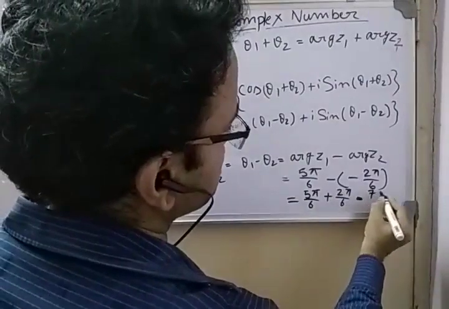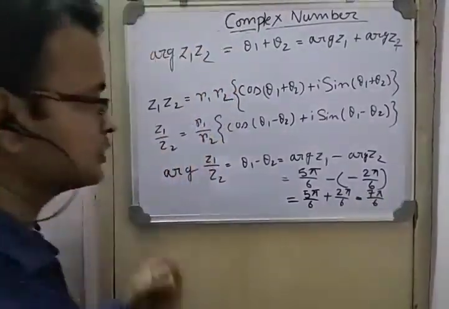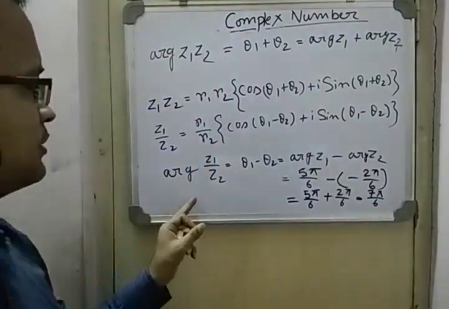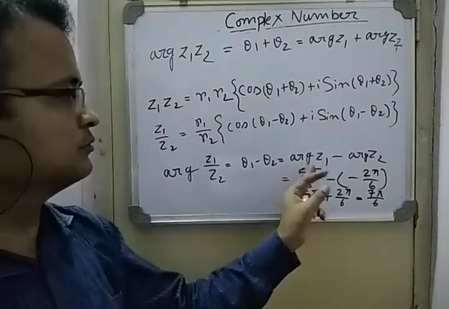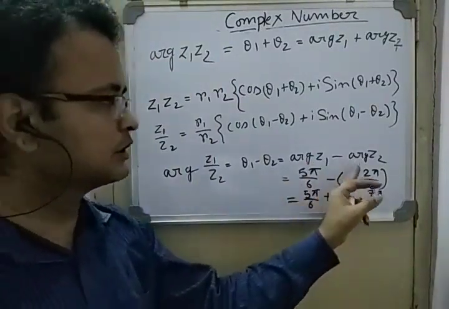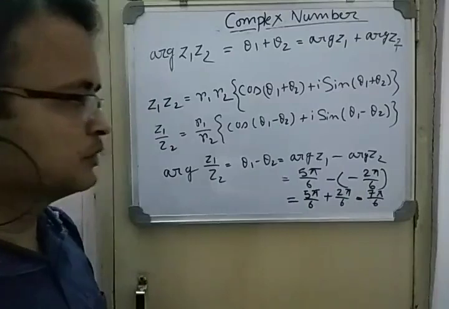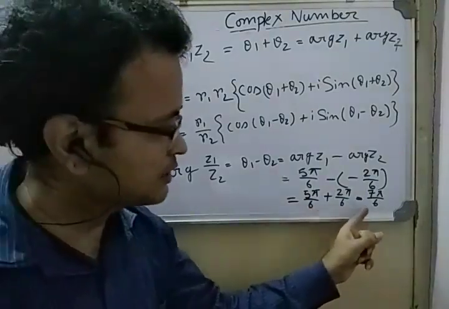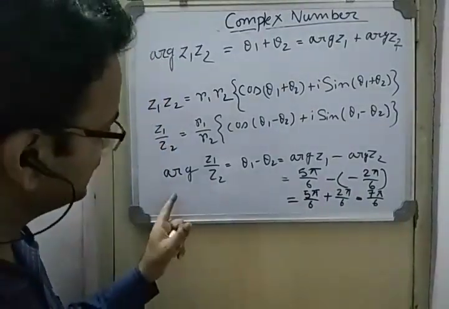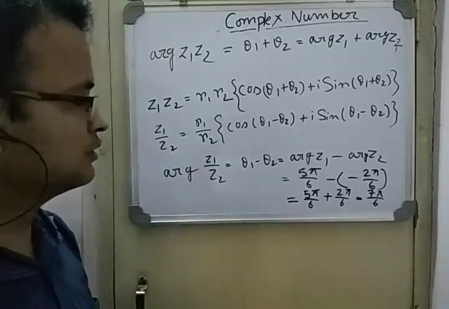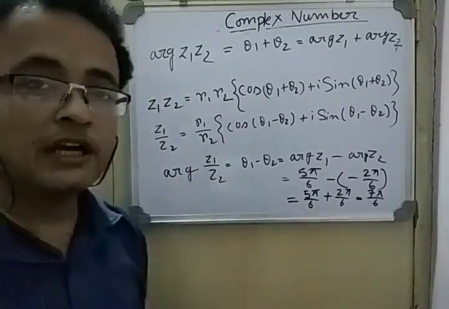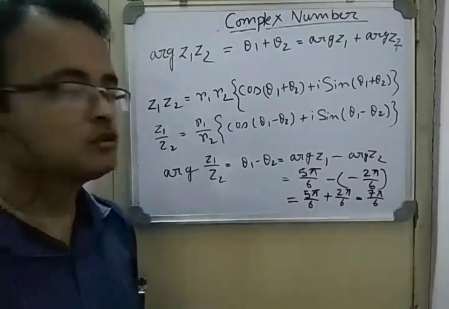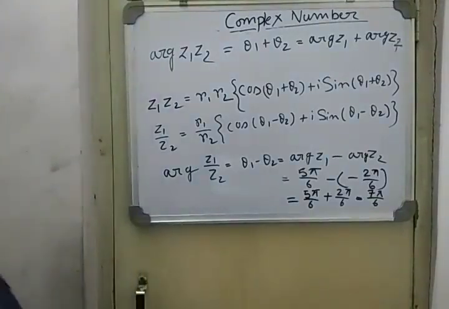So what is this? 7 pi by 6. So if someone asks you the value of the argument of z1 by z2, if argument z1 is 5 pi by 6 and argument z2 is minus 2 pi by 6, the result is becoming 7 pi by 6. But if you say that the principal value of argument z1 by z2 is this, it's wrong. So that special case we will discuss.